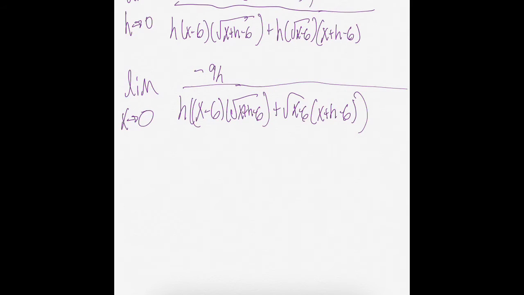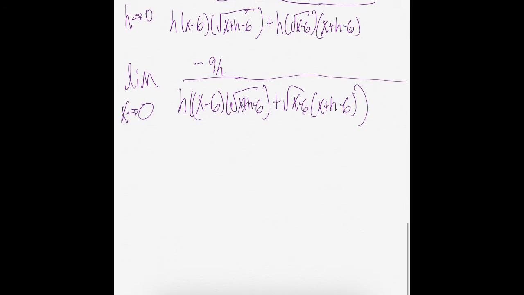It looks kind of ugly, but it's actually not so bad, especially because now we get to cancel again. We've got h in the numerator, h in the denominator. Limit as h goes to 0, and I've got negative 9 on top. I miswrote it two times now.